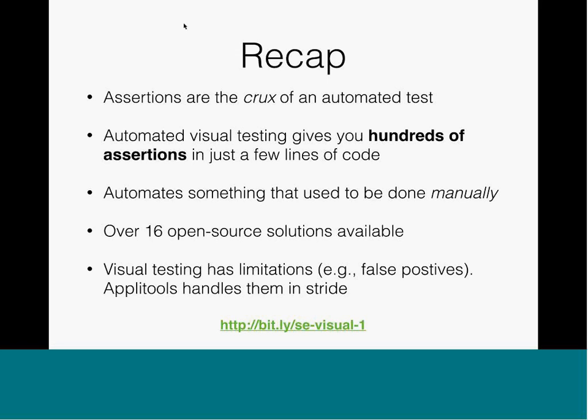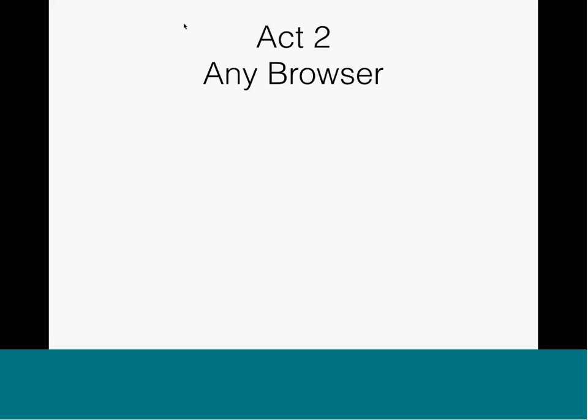I actually have a full write-up at this link here that talks about all the available open source tools, steps through some examples with them, and then progresses into follow-on posts that talk about the different false positives, ways I've tried to address them, and how Applitools picks up the slack. So it's worth a read, I think.